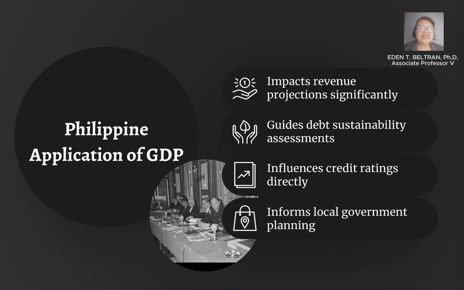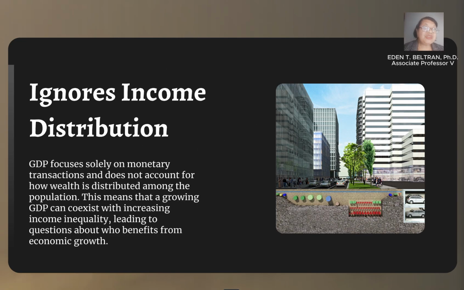What are the limitations of the gross domestic product analysis? GDP does not measure several things like income distribution. It does not reflect how much income goes to which sector. So income gaps, or the inequality of the income distribution, wealth distribution in the economy or society, is not reflected in this macroeconomic measure.